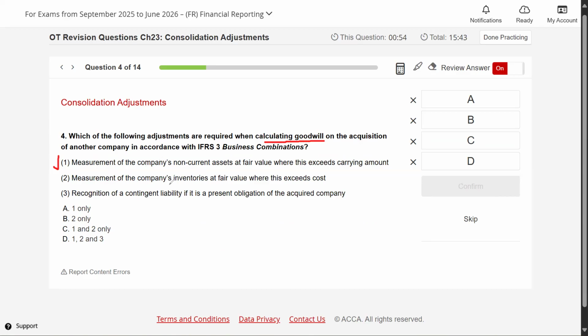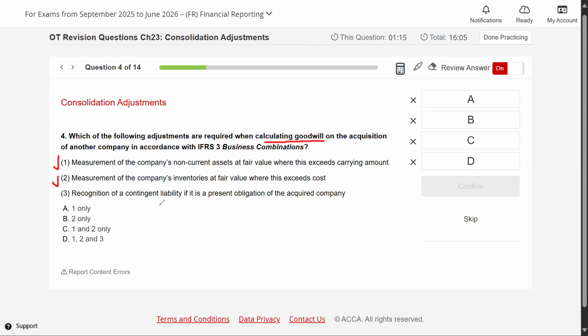The measurement of the company's inventories at fair value where this exceeds cost. Again, this is the same issue where the fair values are higher than the cost. So that would also be a fair value adjustment.